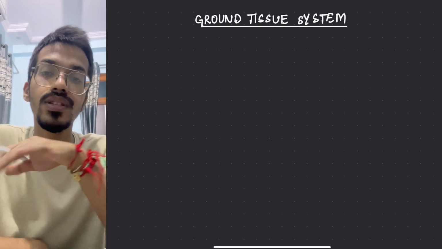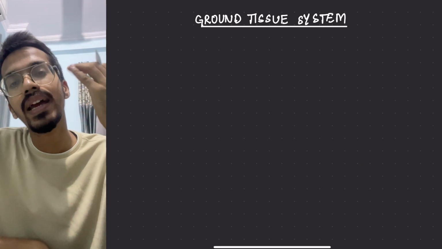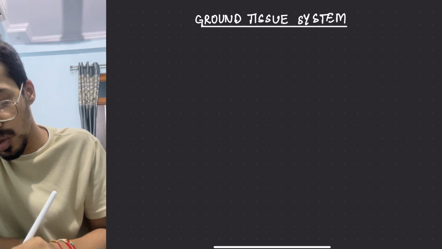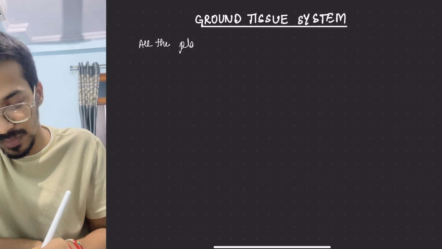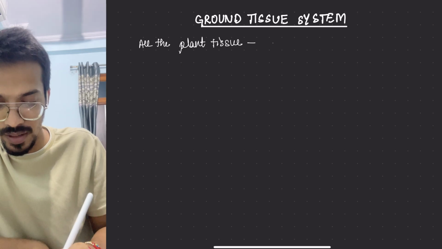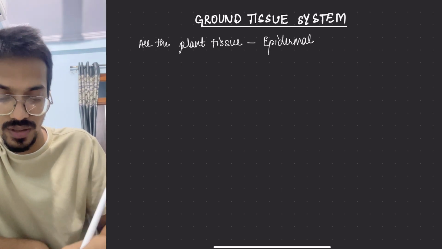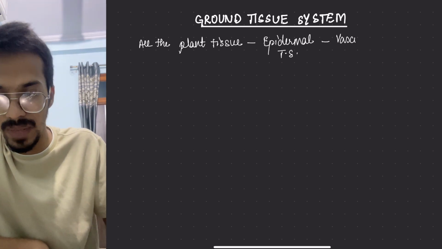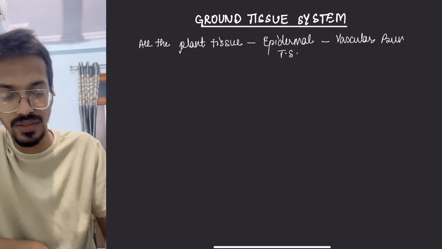In the ground tissue system, what happens is that this is all the tissue removing the epidermal tissues and the vascular bundles present. So it is all the plant tissue minus epidermal tissue system, minus vascular tissue system, the vascular bundles.